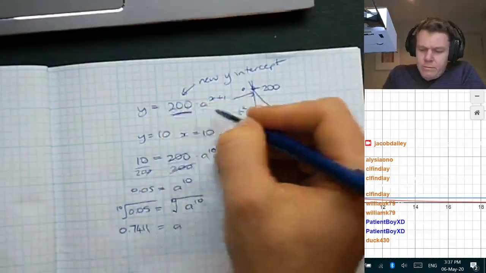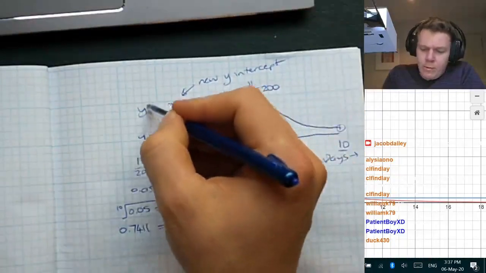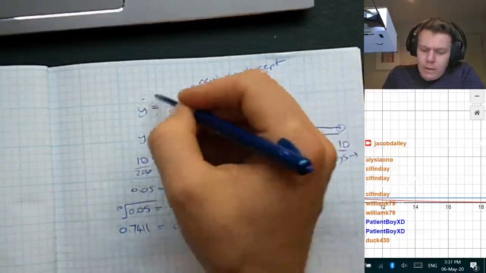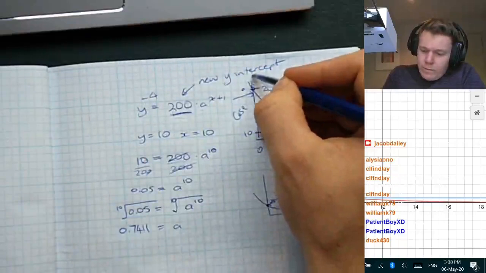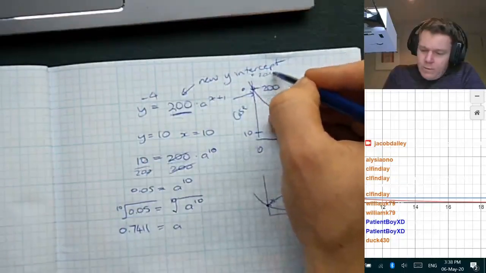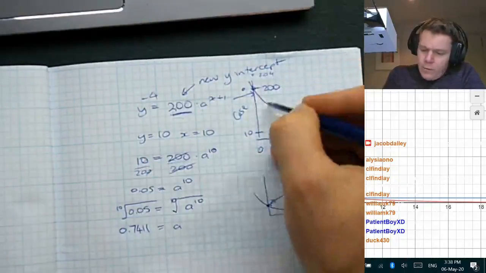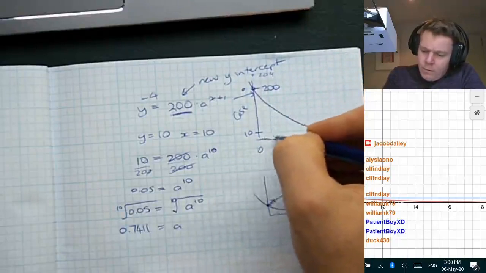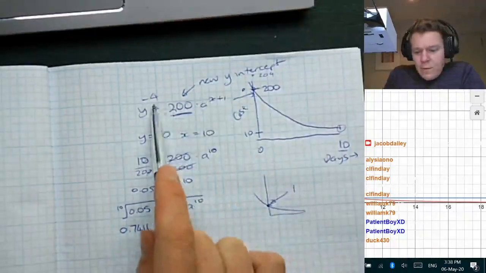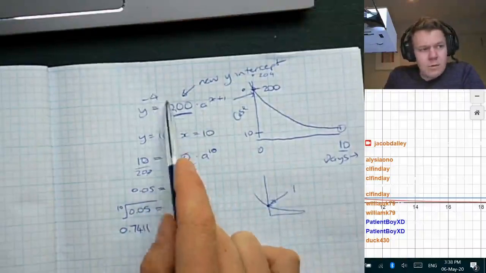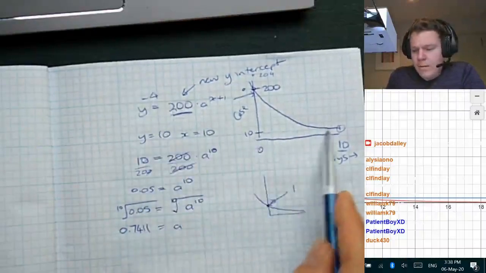And you could also bump it up by going y - 4 would move this up 4, but it also moves the asymptote up. So you might want to do that sort of thing to move where the asymptote is.